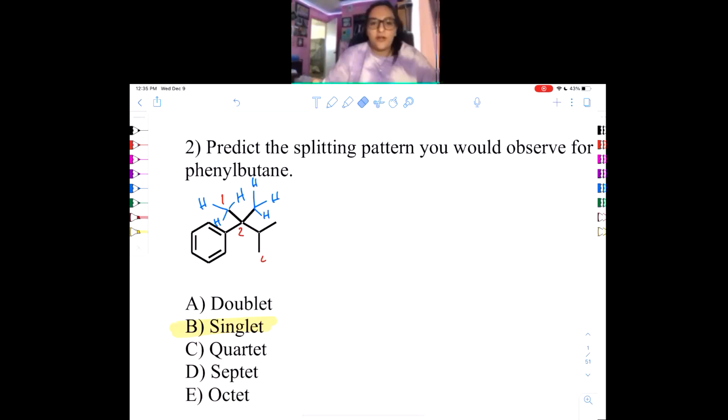Ooh, okay, so someone said yes, there's a doublet, so let's look here. So we have all of these that are the same, all of these that are the same. And the difference here, the reason that's different than the blue hydrogens is we have one hydrogen right here in the middle. So the purple ones have 1, 2, 3. They have one neighbor.